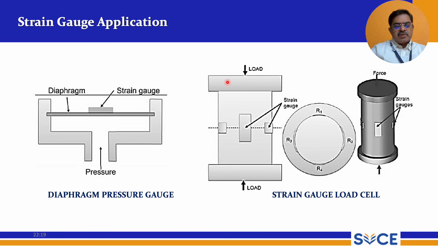So this is the load cell construction, and load cell is also a very important concept using strain gauges. We can build a load cell, and this is obviously like a weighing machine. So when the person stands here, directly we can measure the weight of a person using the circumferentially mounted strain gauges. So this is another application.